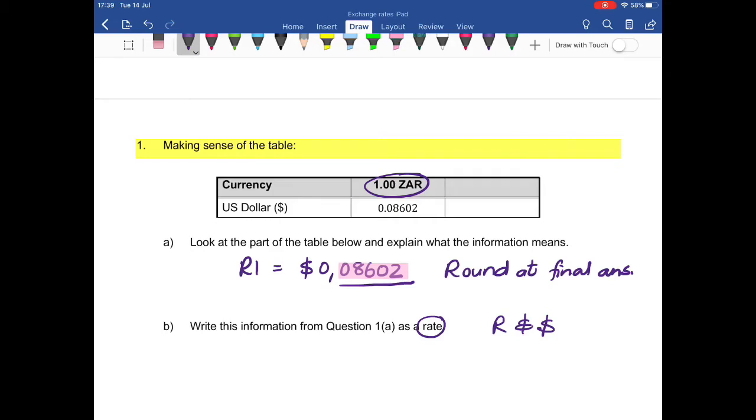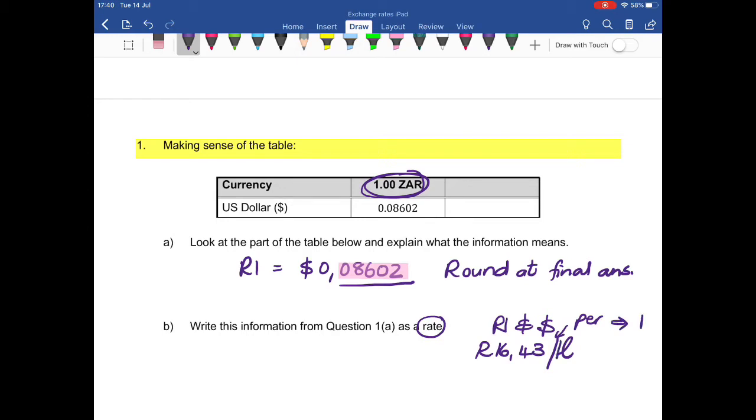So to write that as a rate, this is 1 rand. So 1 rand is going to give you so many dollars. A more commonly known rate is, for example, 16 rand 43 per liter of petrol. This line means per, and per means 1.